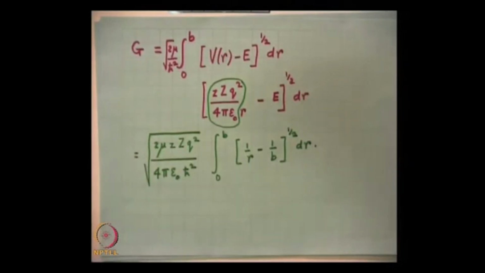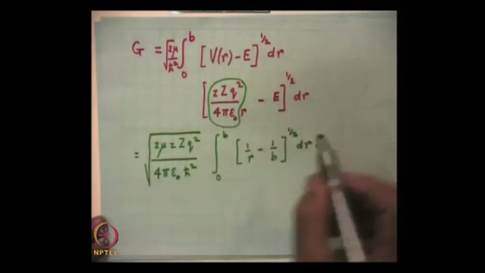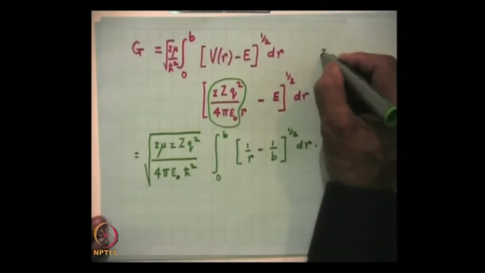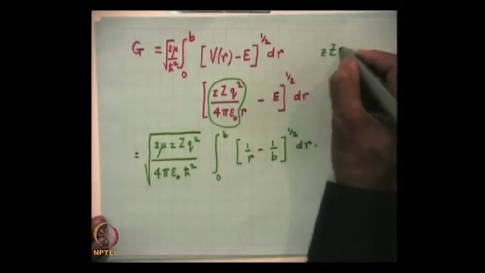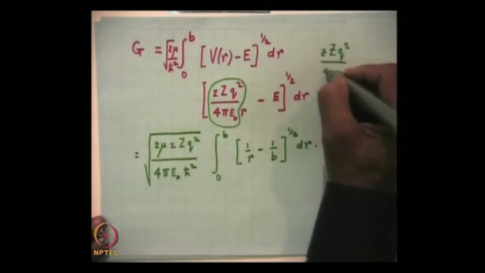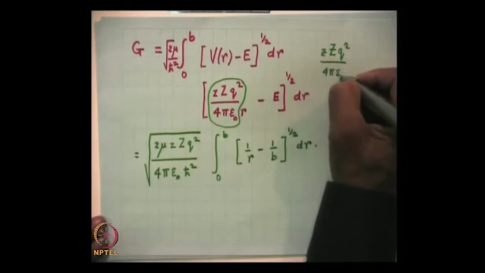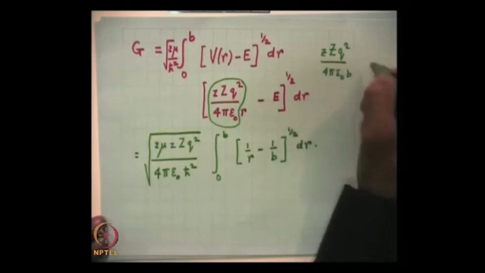You see, because b is the point, but this is 0. So, z q square by 4 pi epsilon naught b is equal to E. So, this is the turning point.